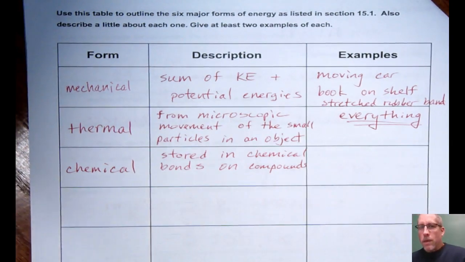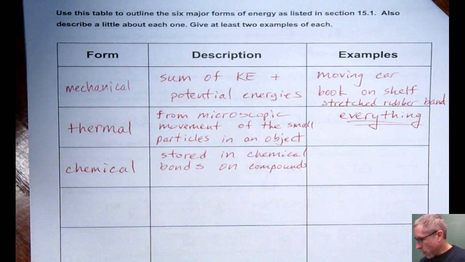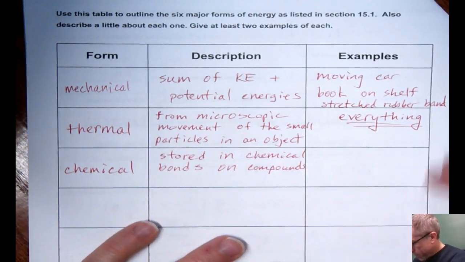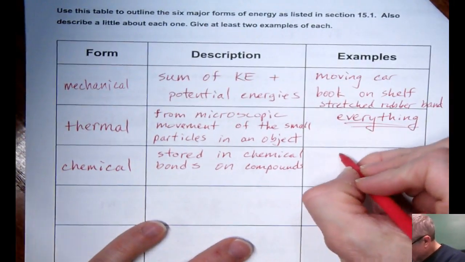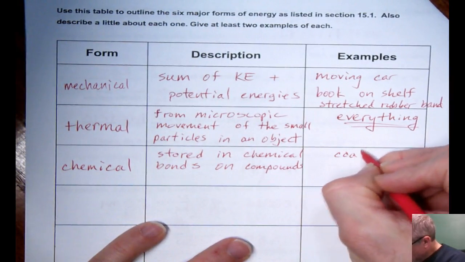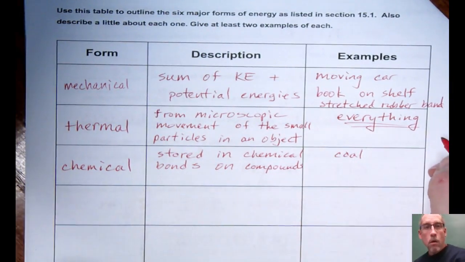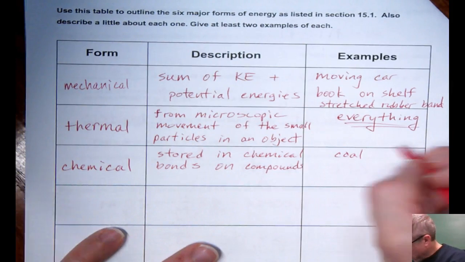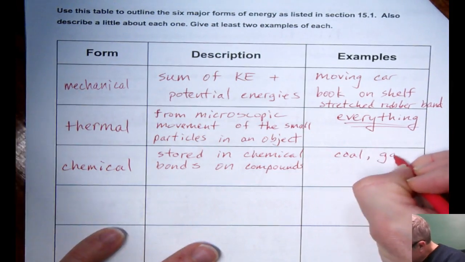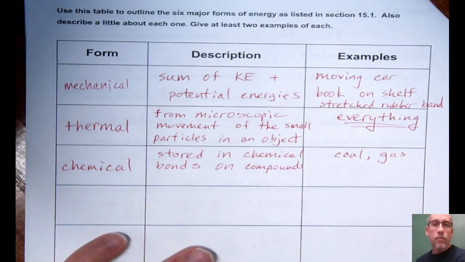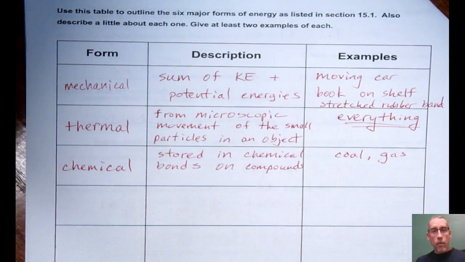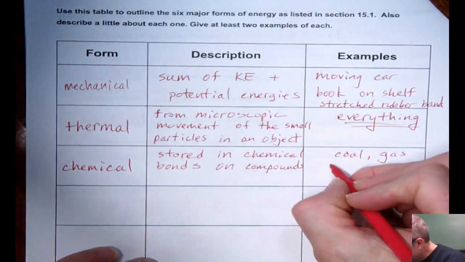And that's probably enough to maybe start here, but if you think of forms of fuel, these are all forms of chemical energy. So coal and gas, those are forms of chemical energy. You can also have little storage devices known as batteries.